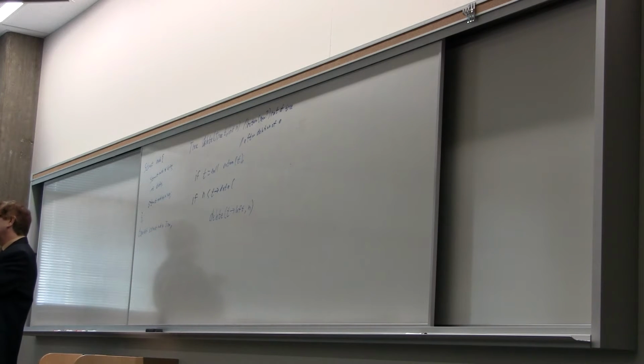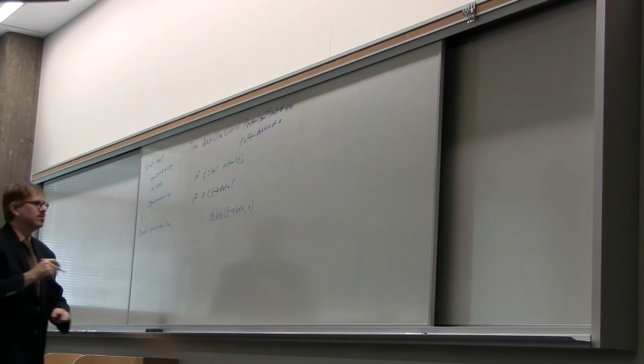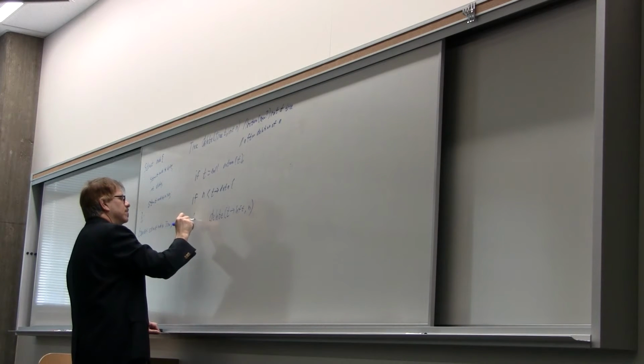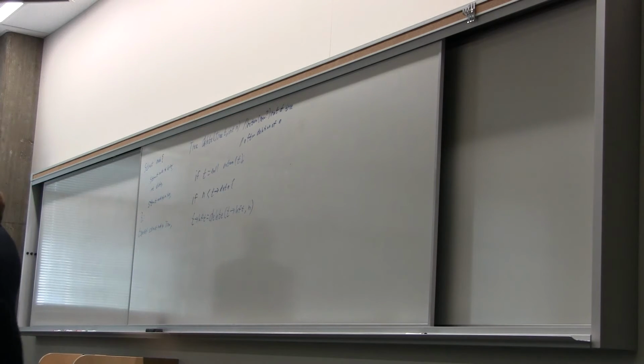And as long as we believe delete works correctly, this will remove n from the left subtree and it will return a pointer to that left subtree with the deleted node. And we need to put that into the tree as the new left subtree.